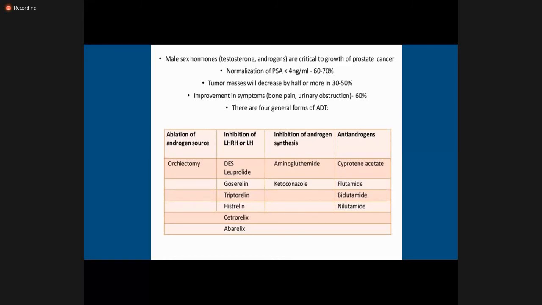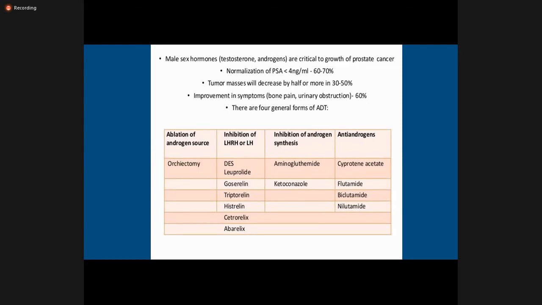So most important is the hormonal therapy, because this cancer is dependent on androgens like testosterone for its growth. If we stop the testosterone production in a medical form or in a surgical way, then we can probably reduce the impact of this cancer.